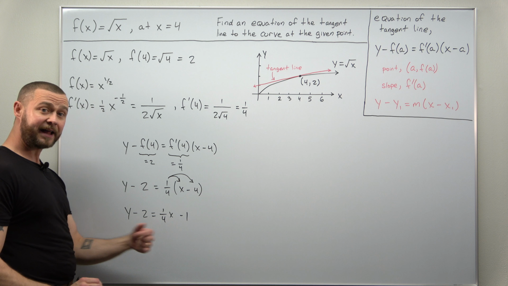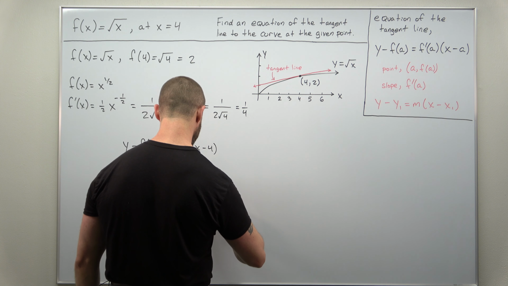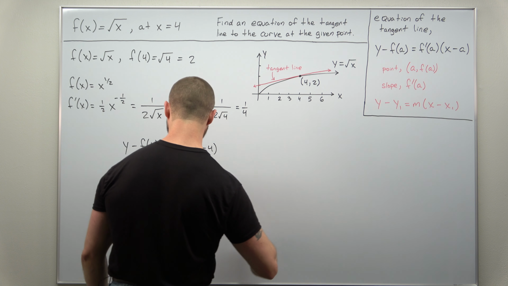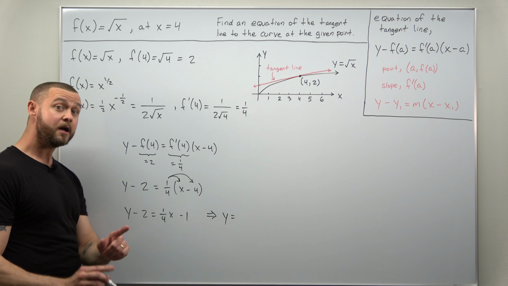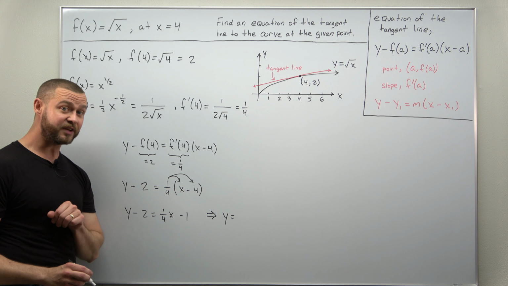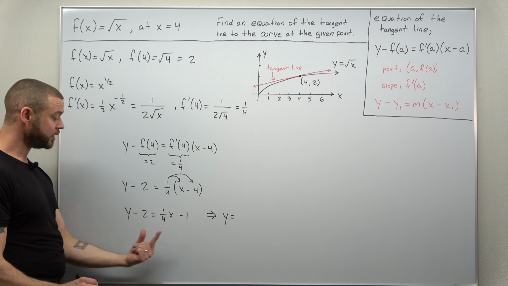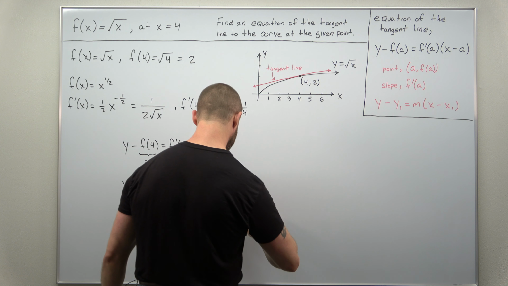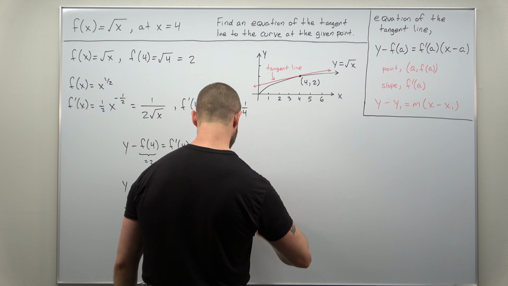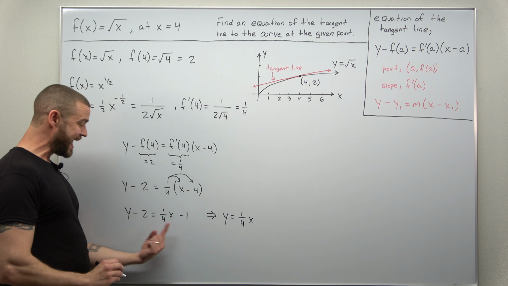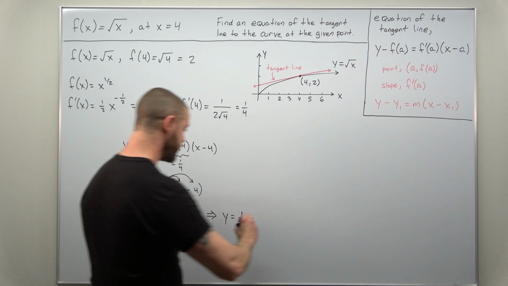If I add 2 to each side, we get the equation of our line, solving for y, putting it in the form y equals mx plus b, slope-intercept form. We have it as 1/4 x, and if we add 2 minus 1, we get plus 1.